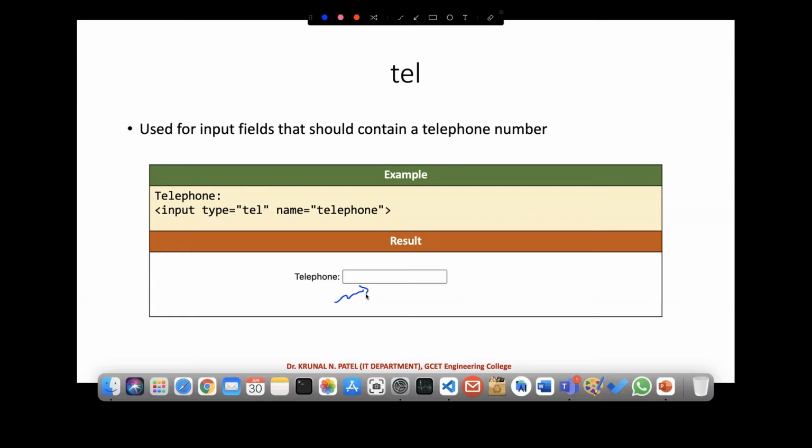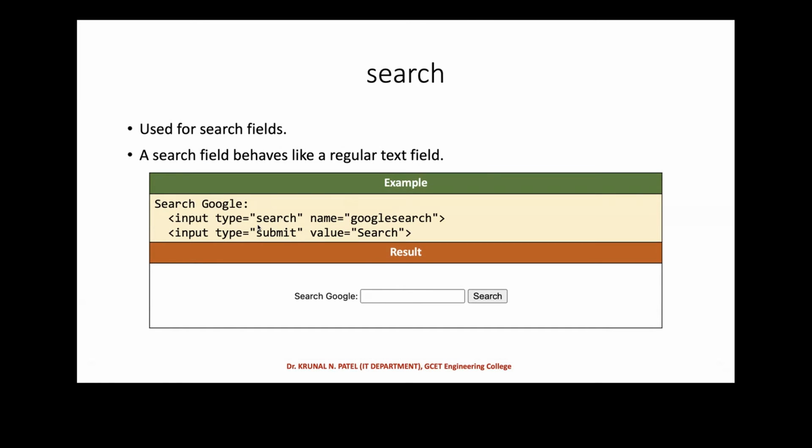That is useful whenever you specifically want telephone numbers. Whenever we are filling up registration forms, this kind of input will be there. The majority of these inputs are used in form designs.